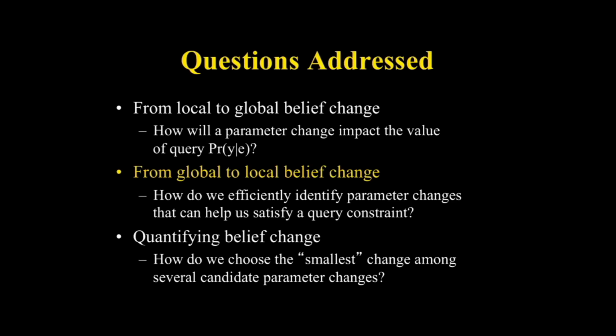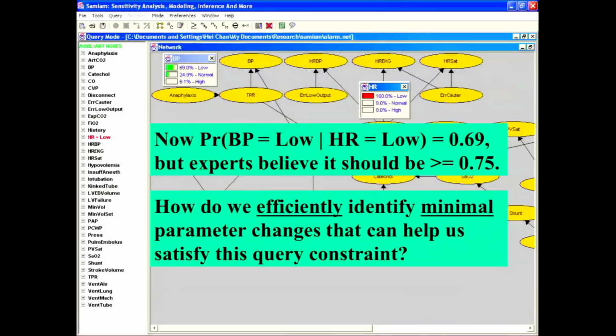And we'll start with actually the second question, the one from global to local belief change. That is, I give you a constraint on some query of the form probability of y given e, and then I want you to look for parameter changes that guarantee that. And here's the concrete example.